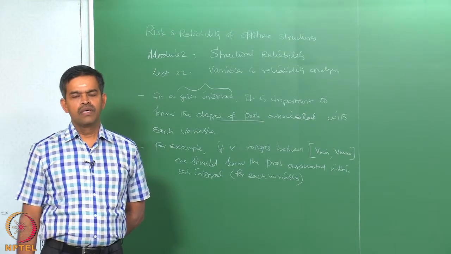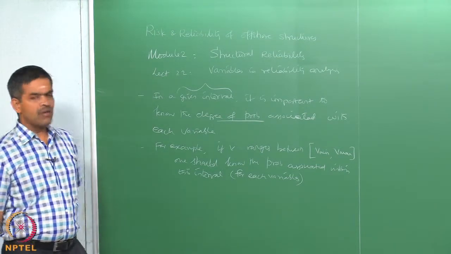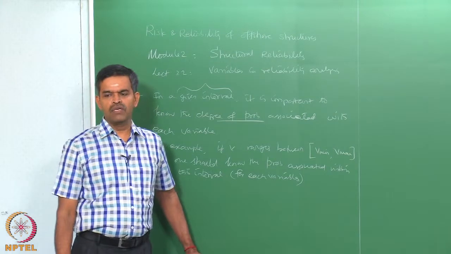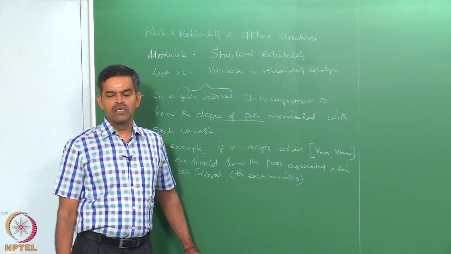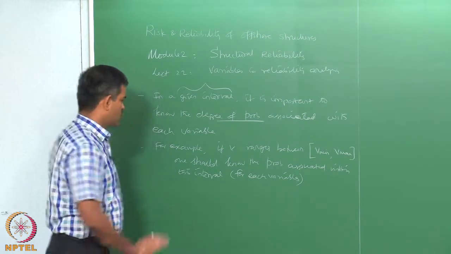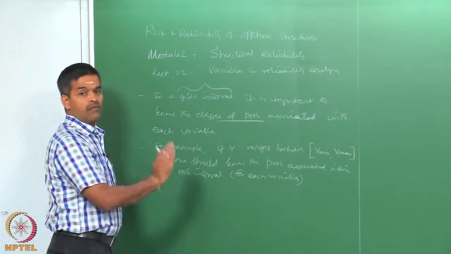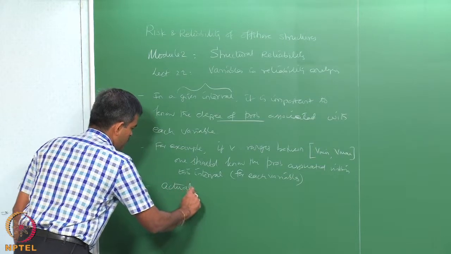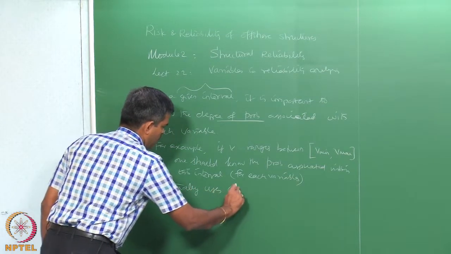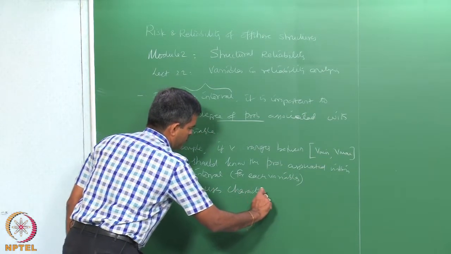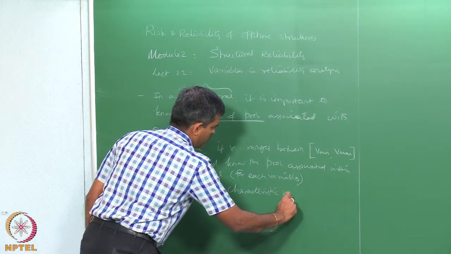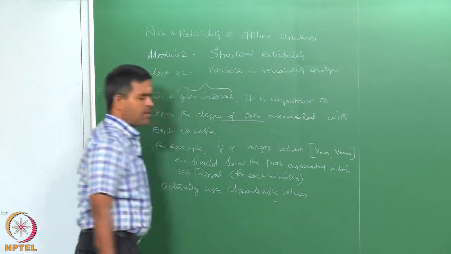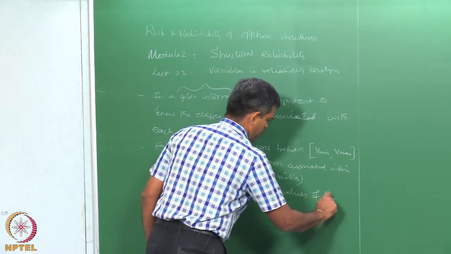So, depending on the approach to define safety, one typically uses characteristic values. To avoid this confusion or to get rid of this problem, one actually uses characteristic values of the variables.